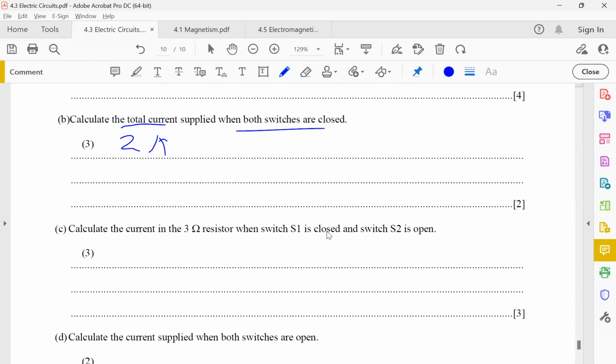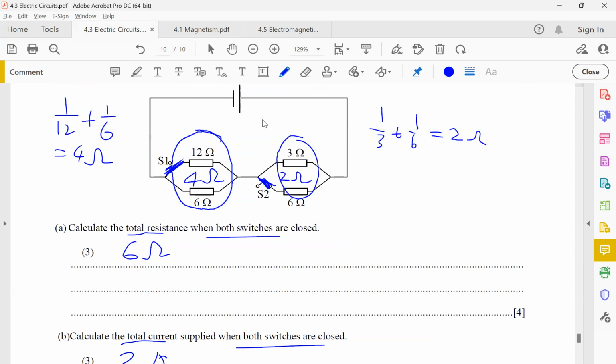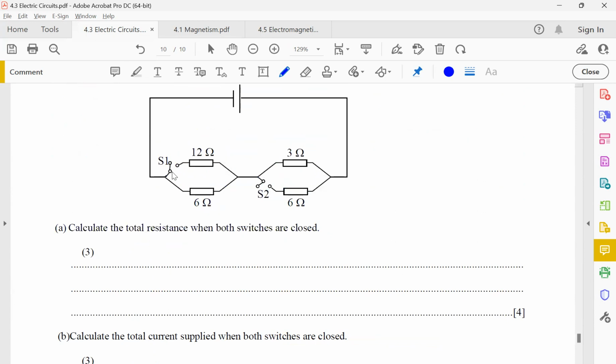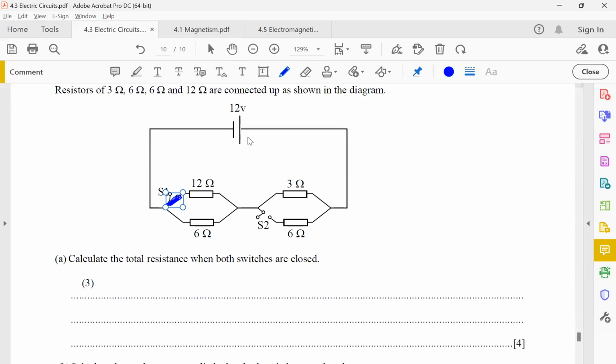Then after that, I ask you to calculate the current in the 3 ohm resistor when switch S is closed and switch S2 is open. Right now, it's a totally different scenario. If this is open, the current is going to flow here, here, here, split, and then flow here. So do I still need to take this into consideration?